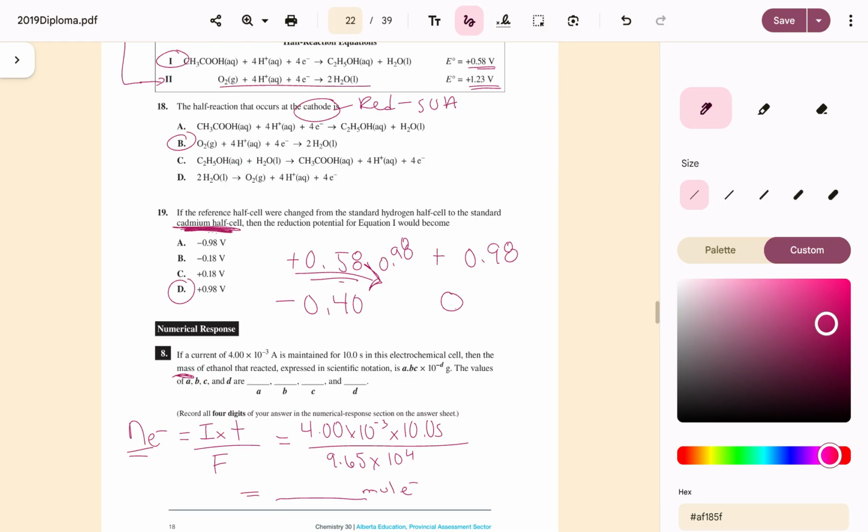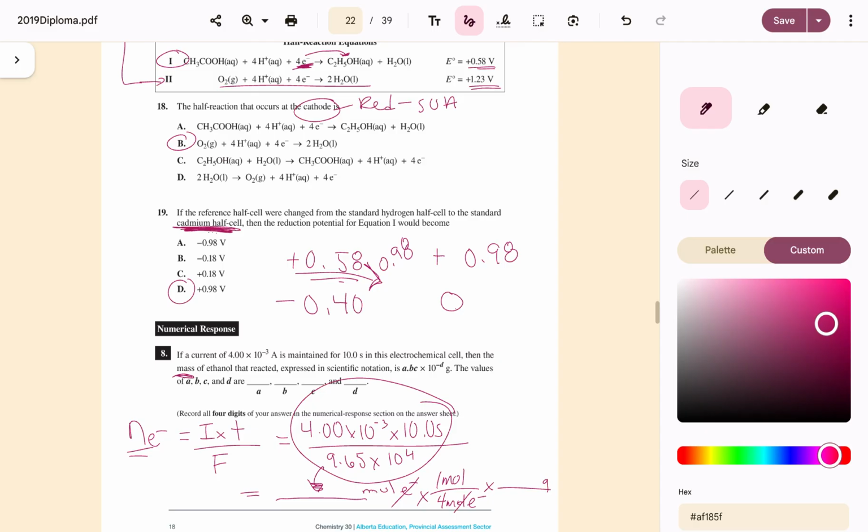If you look at your half reaction, we figured out moles of electrons. That's your known. Now we do the stoich that turns moles of electrons into moles of ethanol by multiplying by the ratio. So we'll put 4 moles of electrons in the denominator with 1 mole of ethanol. Now the moles of electrons cancel. The answer you get here will go right here. Multiply it by 1 divided by 4, and now we have moles of ethanol, but we don't want moles, we want mass.